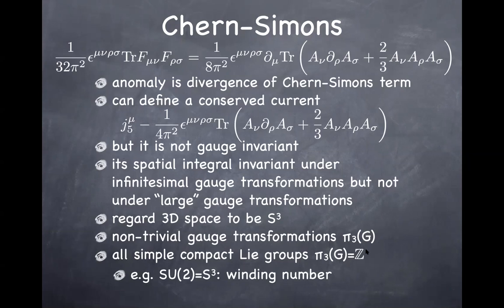And under that kind of gauge transformation, it turns out that this Chern-Simons term changes by the winding number of the gauge transformation. And that's why this axial current doesn't lead to a gauge invariant conservation law. So this is in exact analog to what we discussed in 1+1 dimension, namely that you have this topologically non-trivial gauge transformation that can change the gauge field.